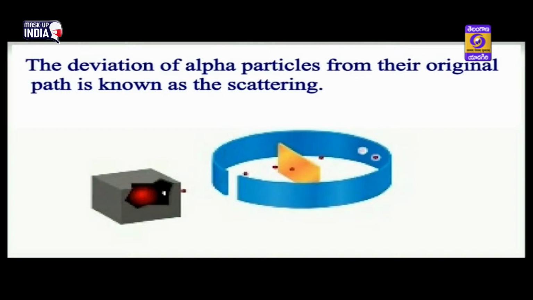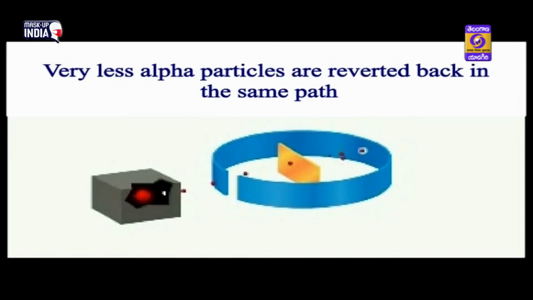The deviation of alpha particles from their original path is known as scattering. Very less number of alpha particles have reverted back in the same path.